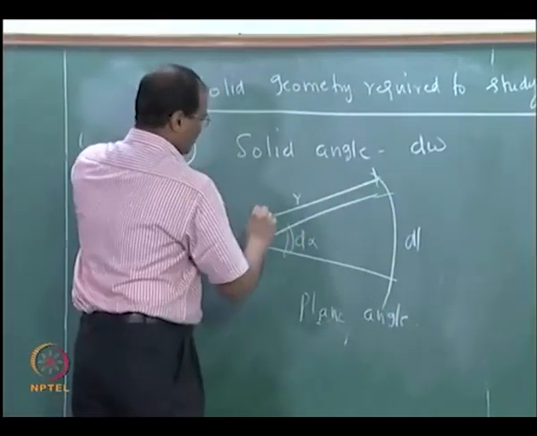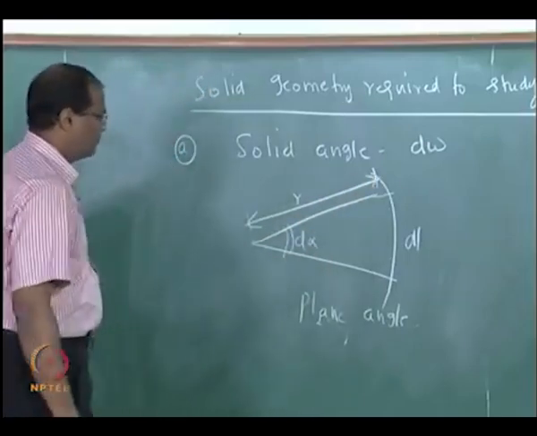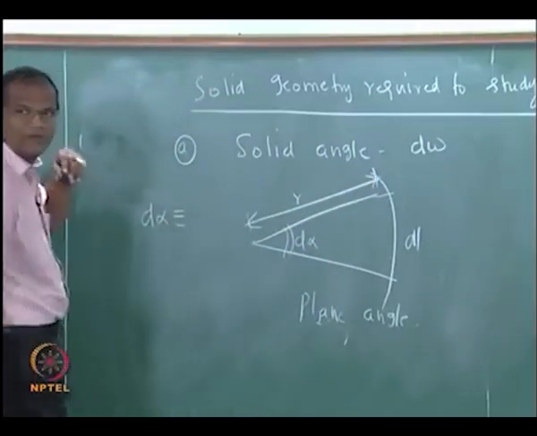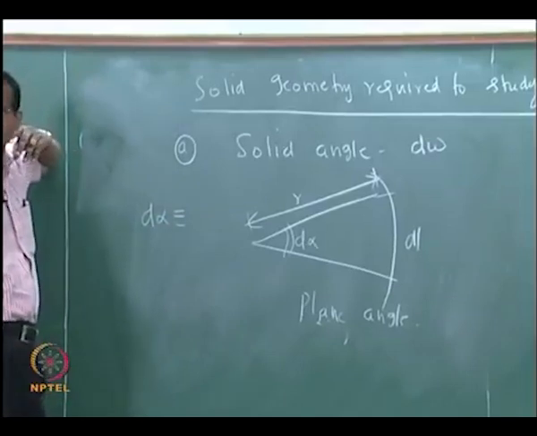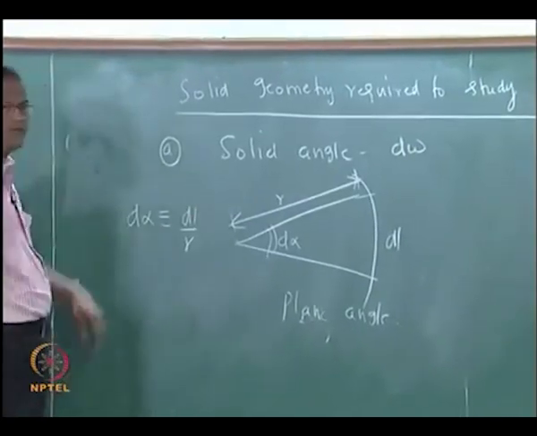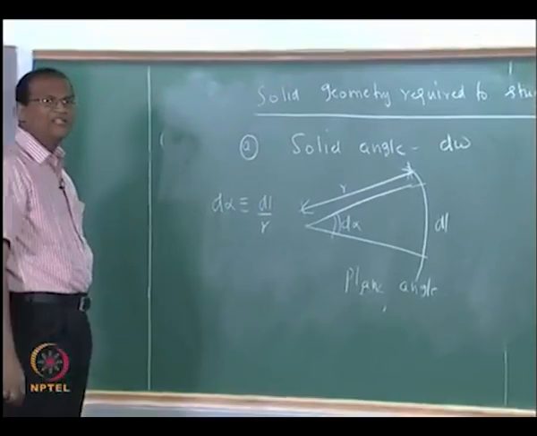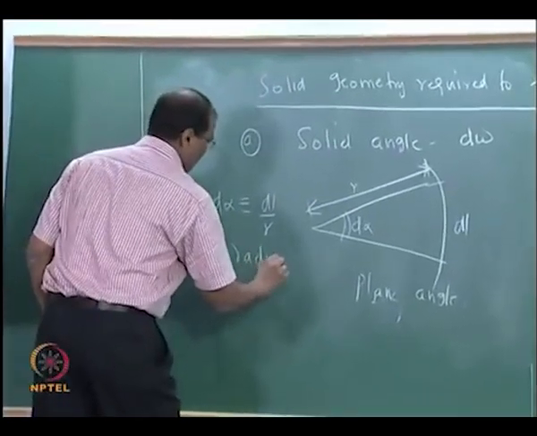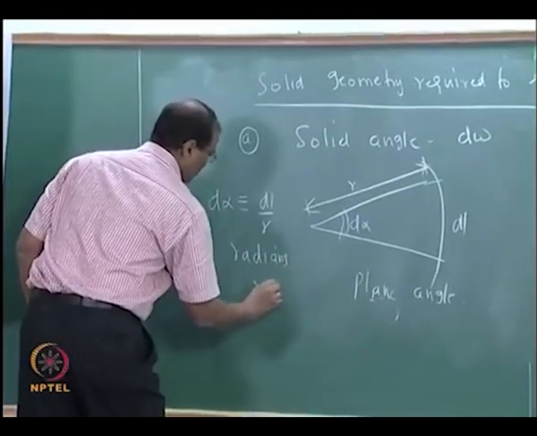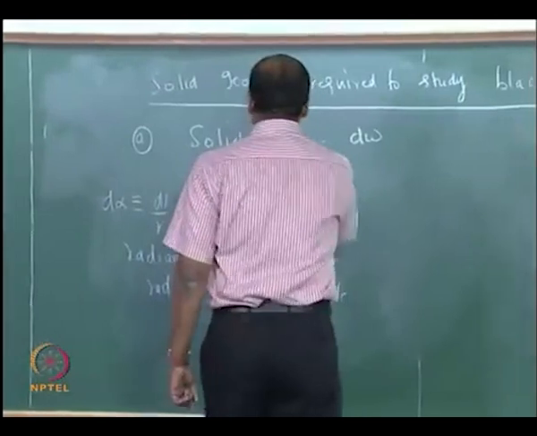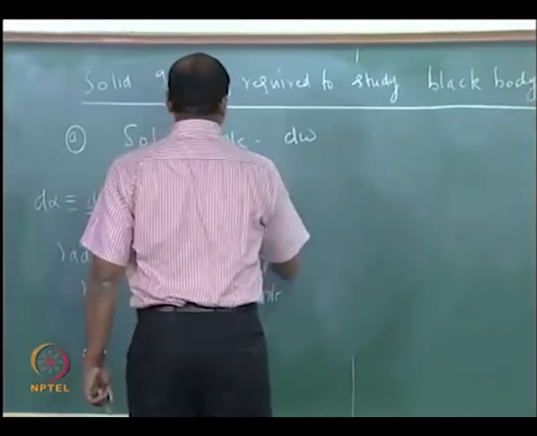This is the radius r. So d alpha equal to dl by r. Plane angle units are radians. Okay, this is the plane angle.